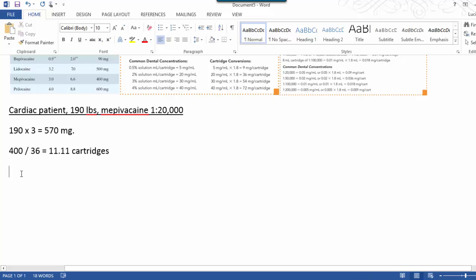If mepivacaine 1 to 20,000 right here has 0.09 milligrams of levonordefrin per carpule, and the cardiac limit for levonordefrin is 1 milligram, then 1 milligram divided by the 0.09 milligrams per cartridge is going to equal 11.11 cartridges. So this is the same as the mepivacaine limit. So there is no limiting drug. The patient may receive 11.11 carpules of mepivacaine.